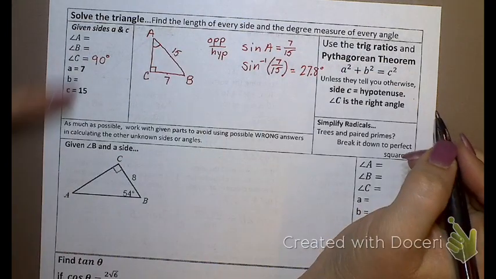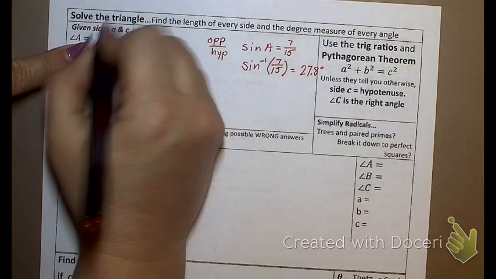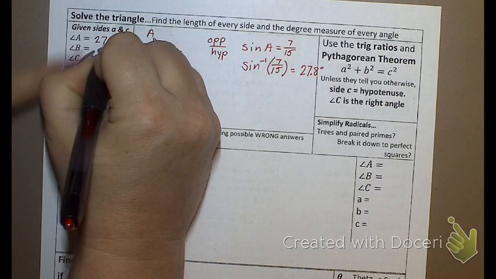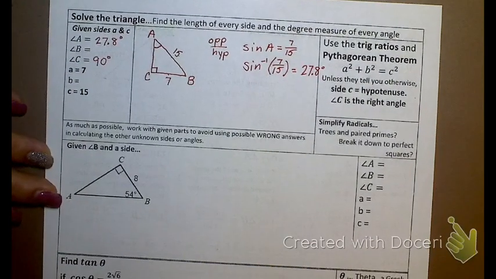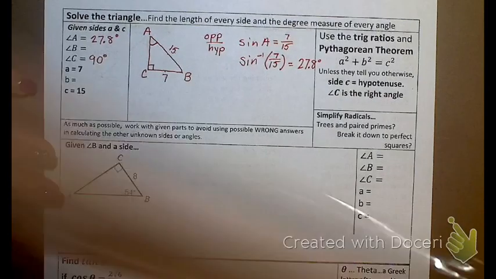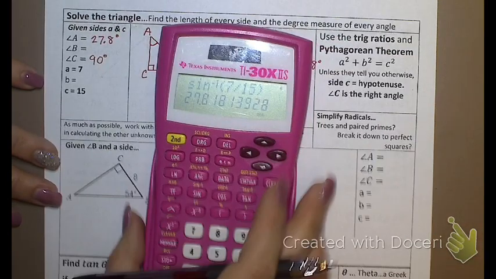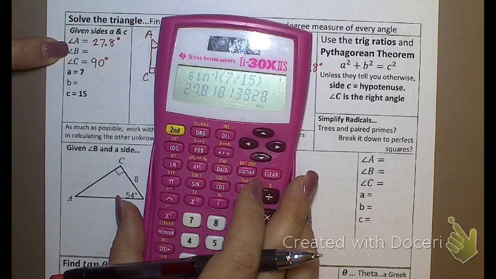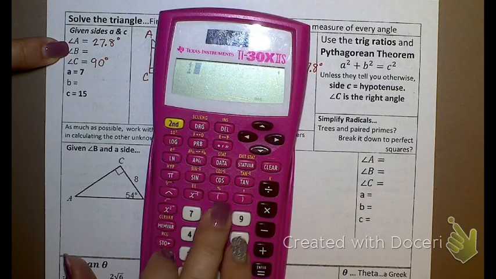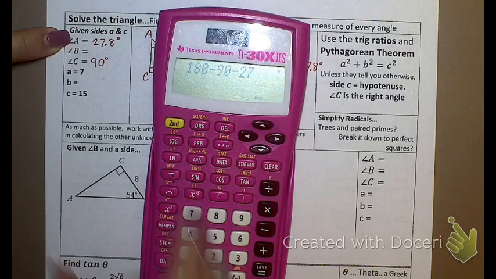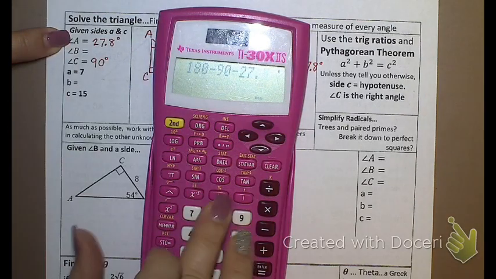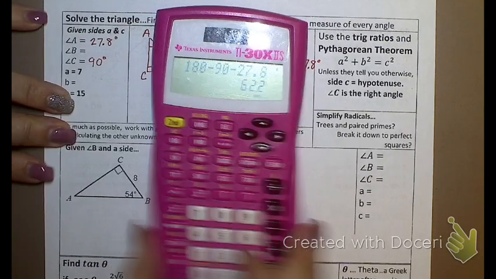Degrees. So what did I just find? I just found angle A, 27.8 degrees. What do I know about all three angles of a triangle? They equal 180. So I can find angle B pretty quick now, can't I? 180 minus 90 minus 27.8, 62.2 degrees.